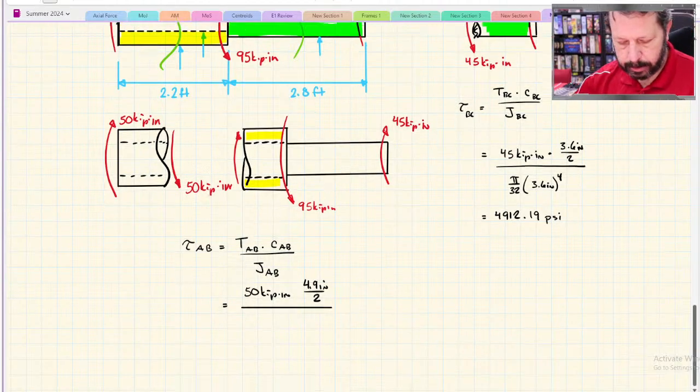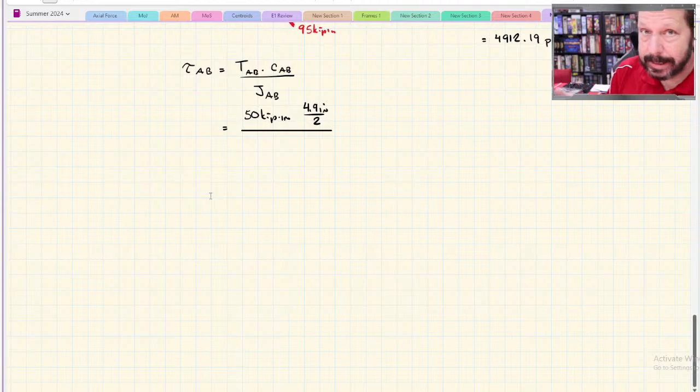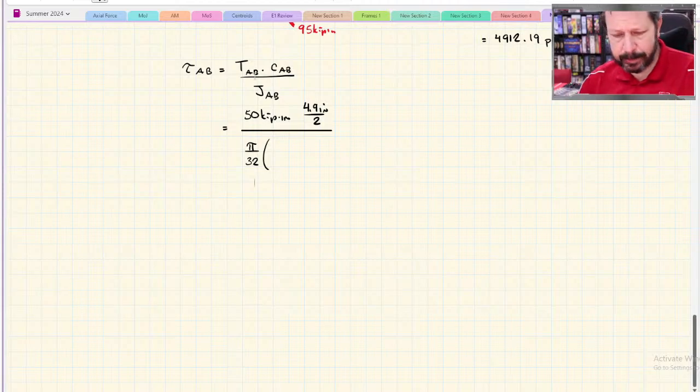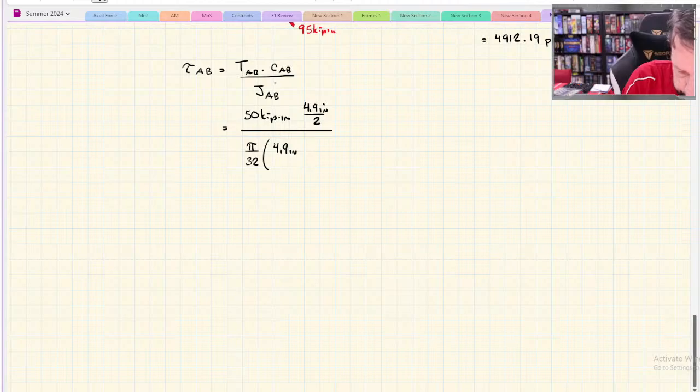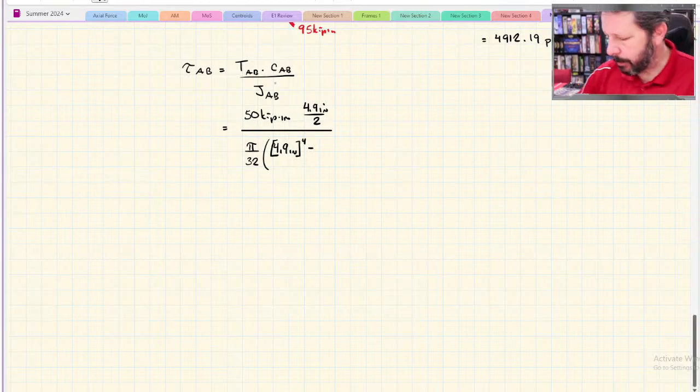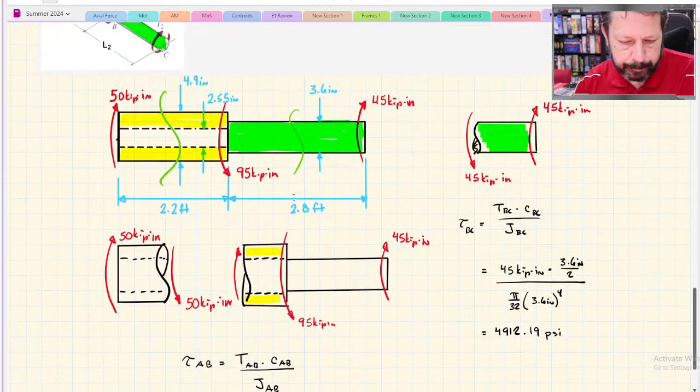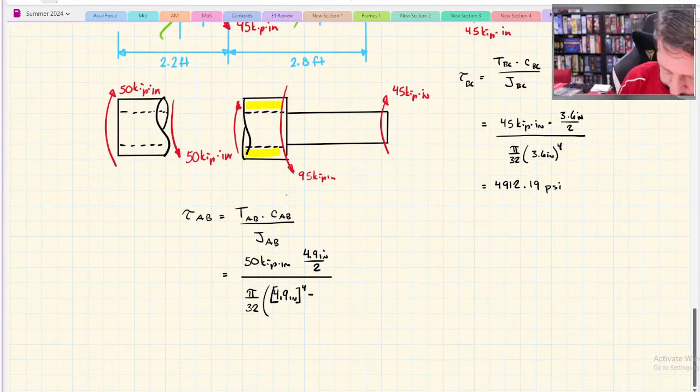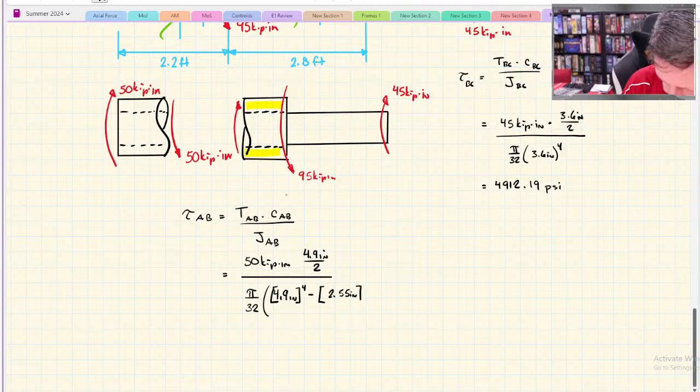And then the polar moment of inertia, this one is hollow. So pi, I'll do the diameter version again, over 32, times outer diameter to the fourth, so 4.9 to the fourth, minus inner diameter, 2.55 to the fourth.